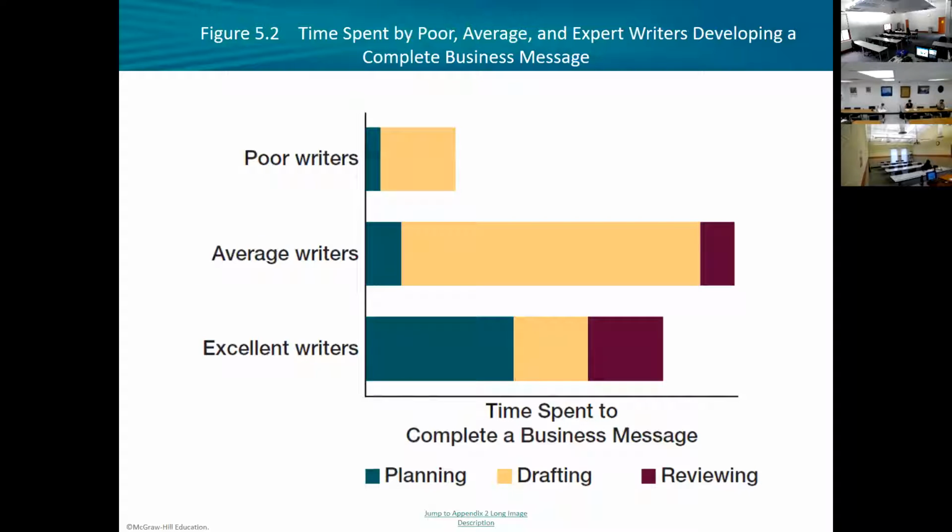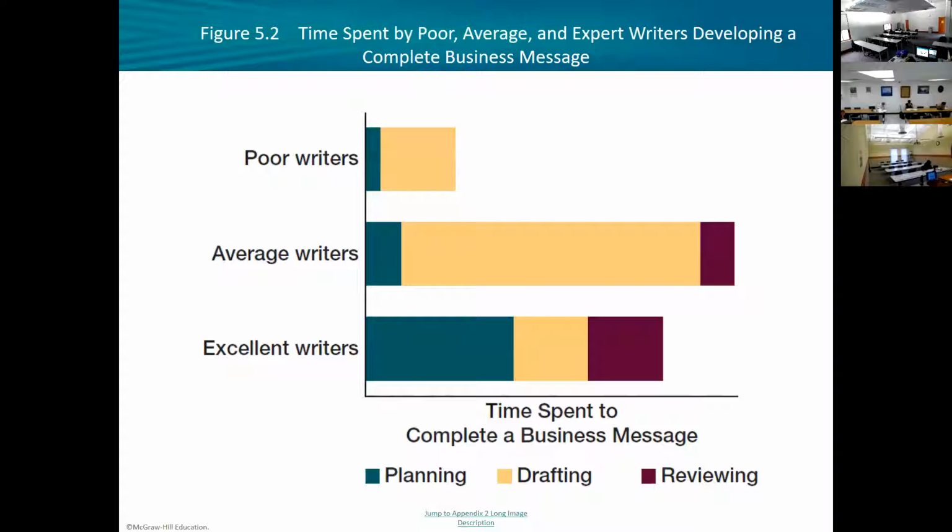You will see that poor writers spend very little time planning and a much larger amount of time drafting their message, no time at all reviewing. Average writers plan a little bit more and maybe review some, but they spend a lot of time drafting their message.